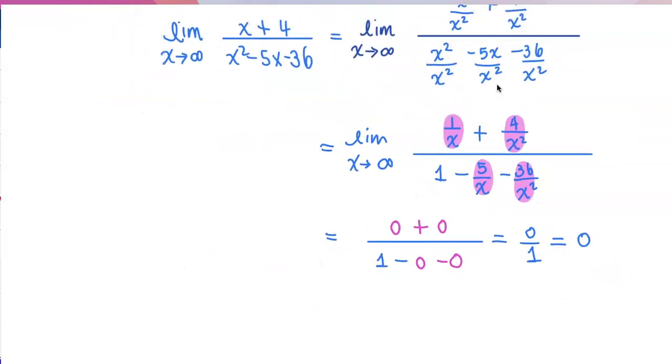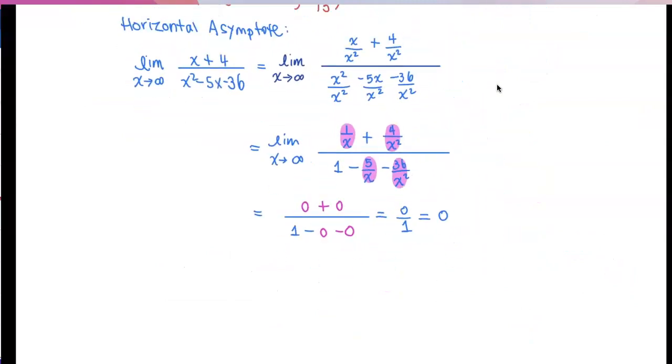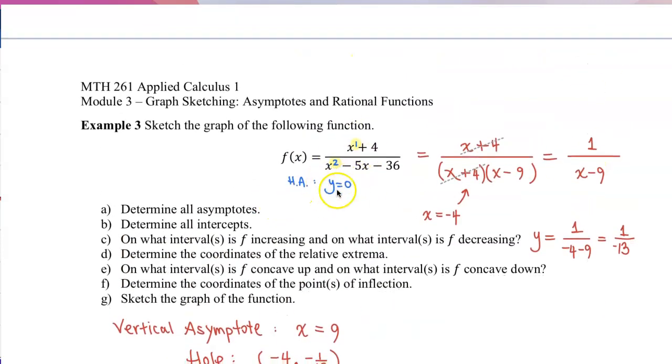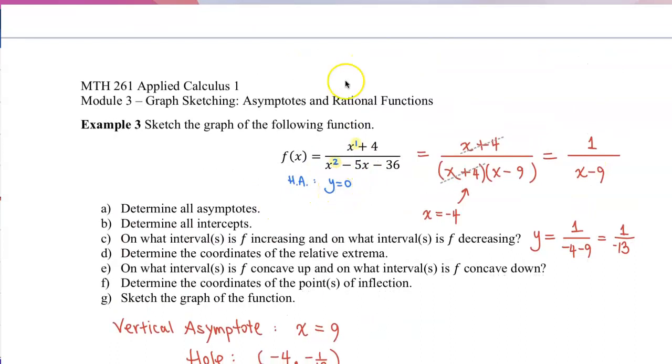So this is the work behind why the graph has a horizontal asymptote at y equals 0, because we can see as x approaches positive infinity, the right extreme of this graph, the function is approaching y equals 0. This is the work behind these cases that we just memorized back in pre-calculus.